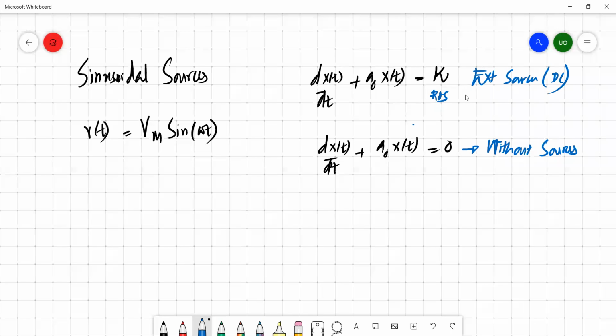If you have fixed DC sources in the circuit which power the circuit, then your differential equation or the system model can be like this. You will end up with a first order differential equation if it is a first order circuit, but the right hand side would be a constant. It may not be exactly the value of the source, but a constant which can be derived from the value of the sources.